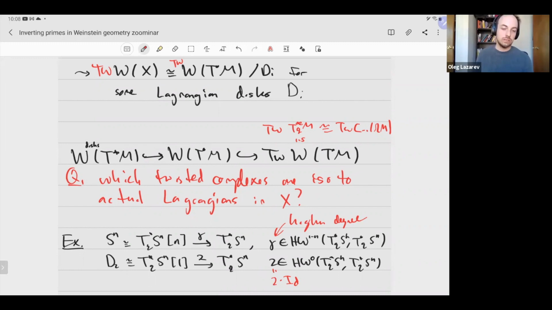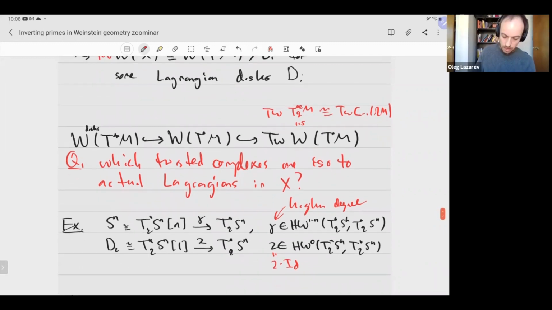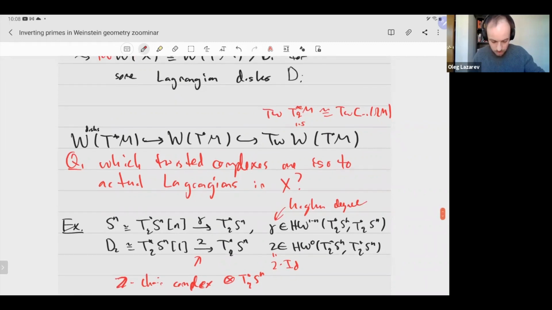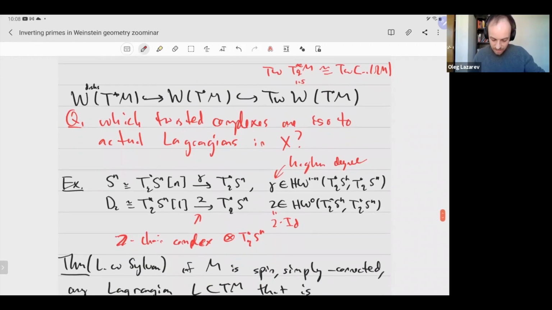The distinguishing feature between these two types of twisted complexes, I would say, is that the twisted complex on the bottom is just a good old Z chain complex tensor fiber. Whereas the twisted complex up top involves higher morphisms, and it's not just a Z chain complex. Okay, so those are some examples.